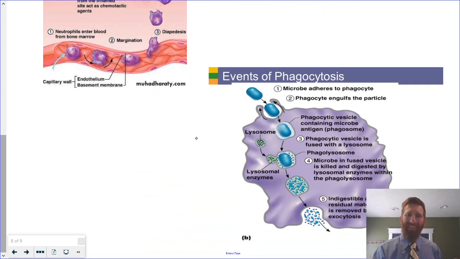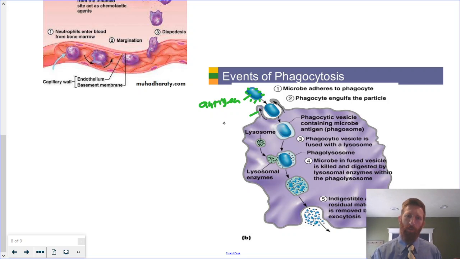Once they get there, this is the bad guy, this is the antigen. Or I guess we could say this is the bacteria, and the bacteria has antigens, the cell surface proteins on its surface. Then the macrophage or phagocyte recognizes that and engulfs it.